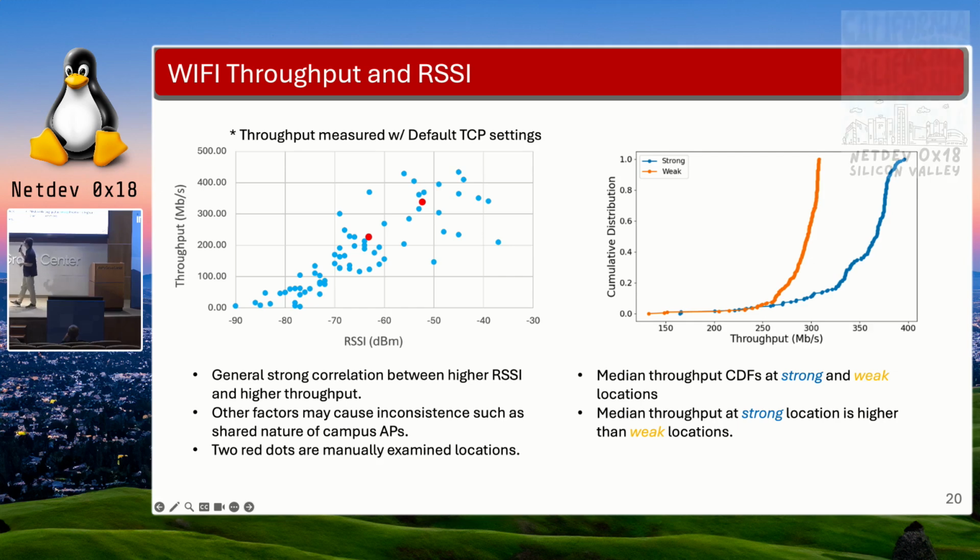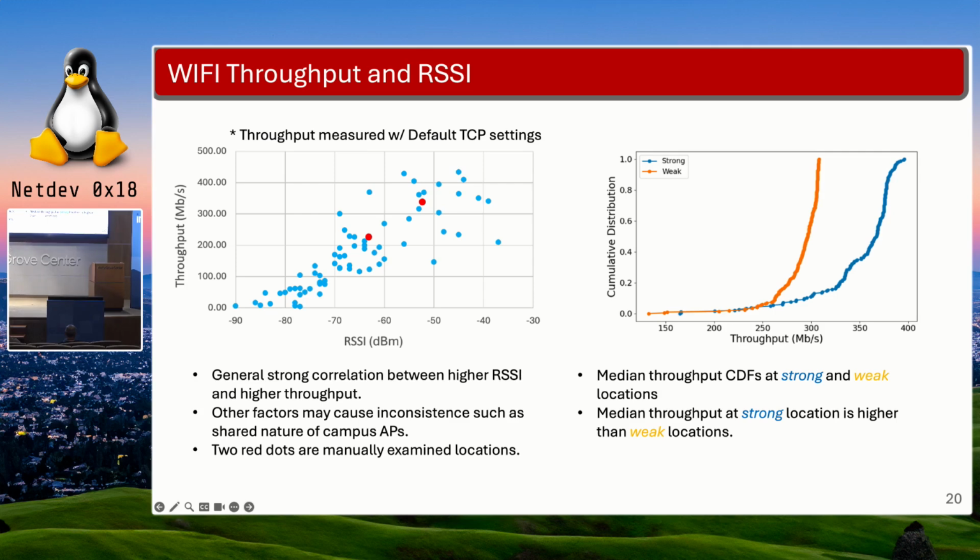So for this study, we only chose 2 locations, marked in red on this slide. One we think is good, the one with a higher RSSI, the strong location, and the one with the lower RSSI is the weak location. This graph is all the tests we ran at these 2 locations.